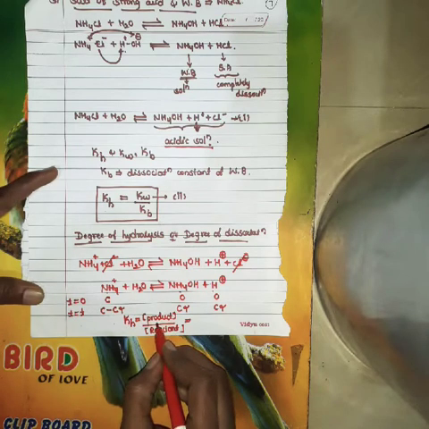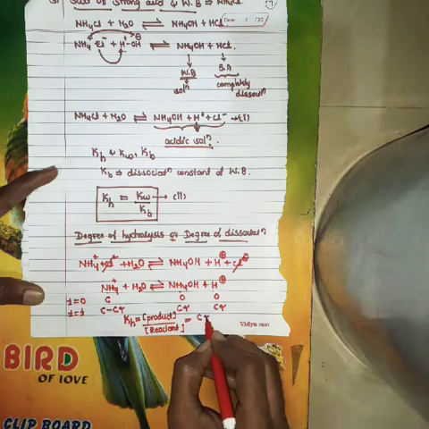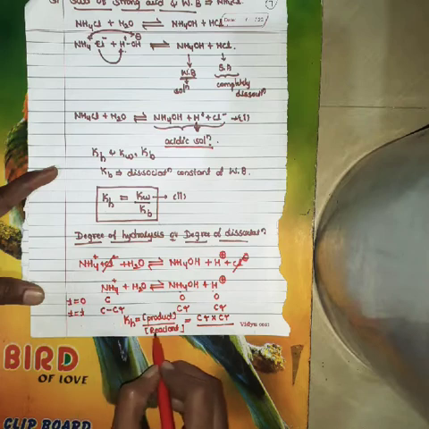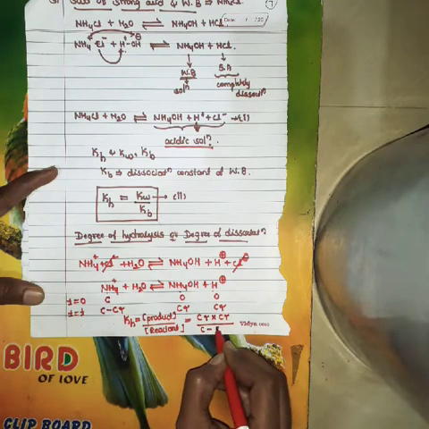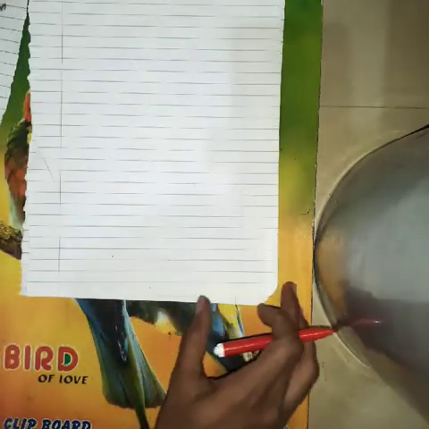Therefore the concentration of product is C alpha into C alpha, divided by the concentration of reactant, which is C minus C alpha.